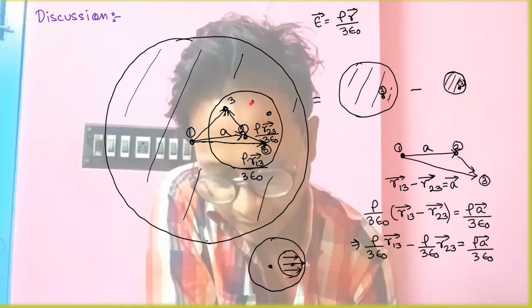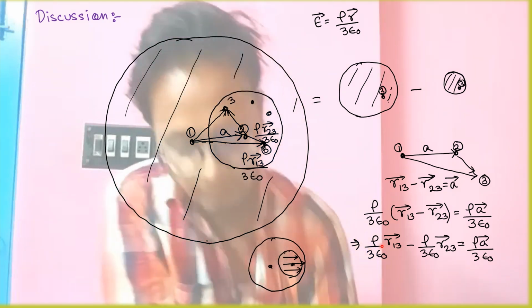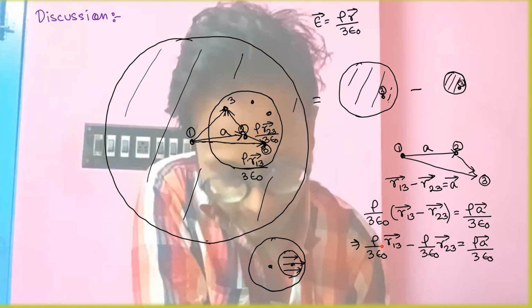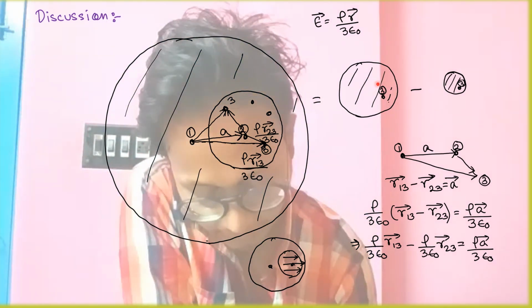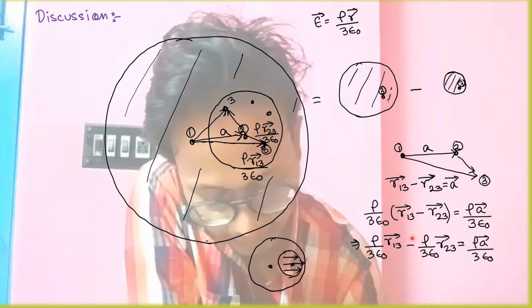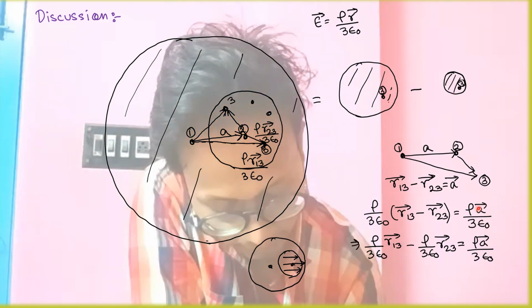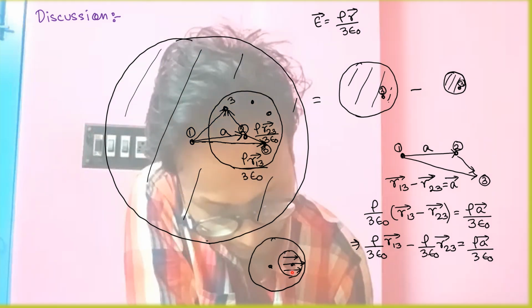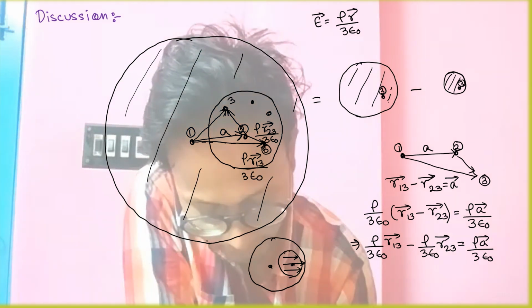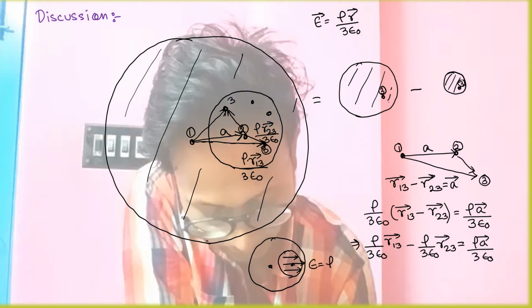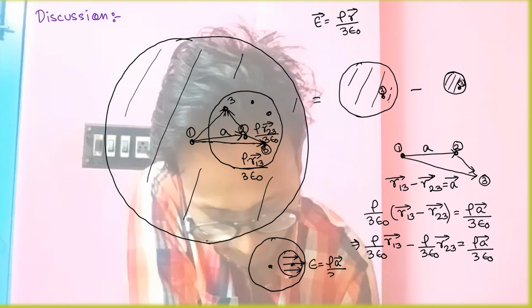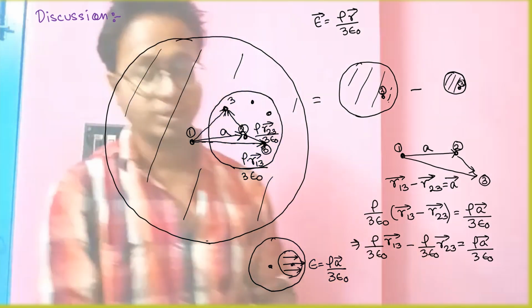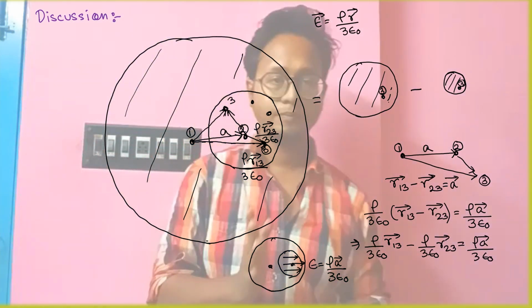Taking any other point, they have the same value. That means the subtraction of the electric fields will always result in rho a by 3 epsilon naught. So wherever in the cavity you are, the electric field is constant with a value of rho a vector by 3 epsilon naught. Understood this concept?